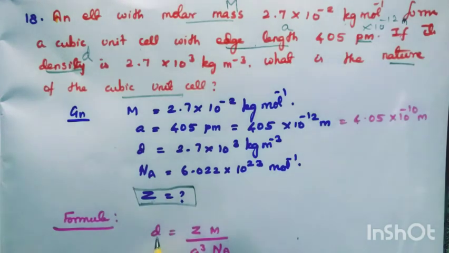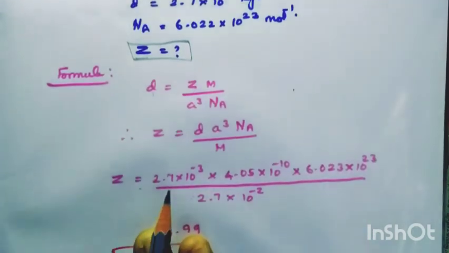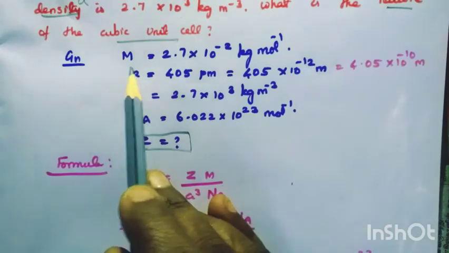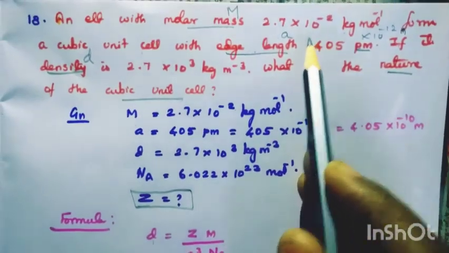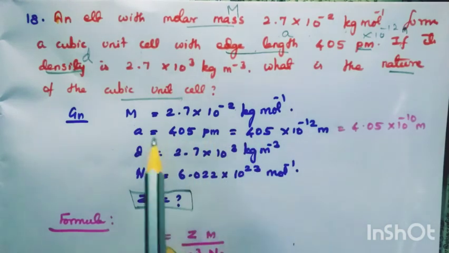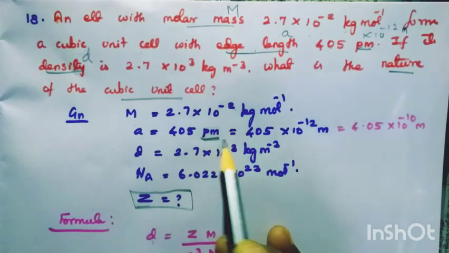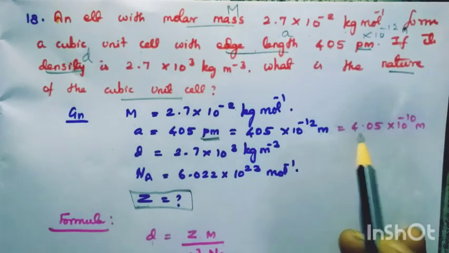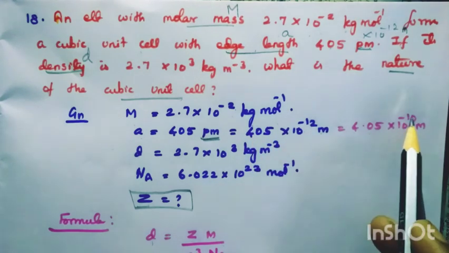M is 2.7 × 10^-2 kilogram per mole, and a is 405 picometer. Or we can write this as 4.05 × 10^-10 meter.